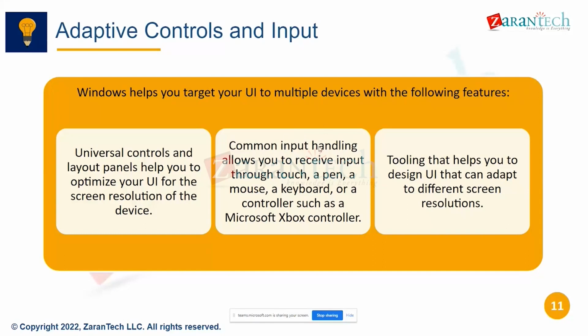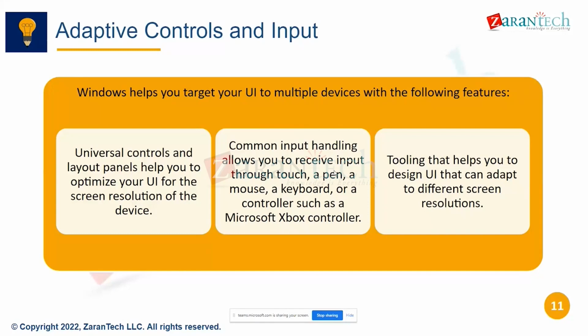Common input handling allows you to receive inputs through touch, pen, mouse, keyboard, or controller. I think this is very common for all, but you can say UWP is much more optimized for touch.